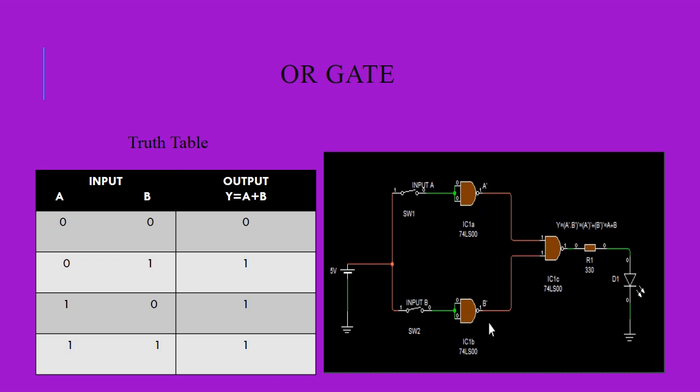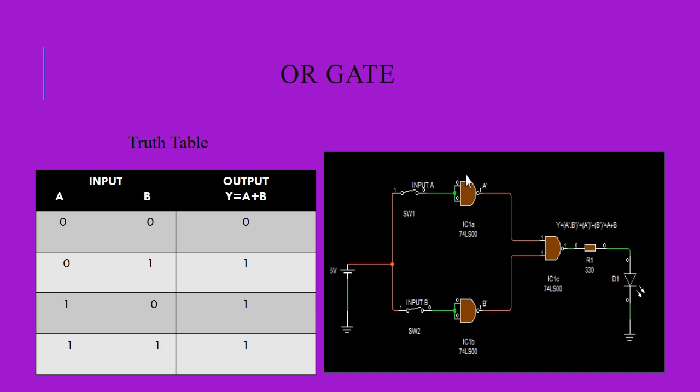This one and this one are connected with the input terminals of this NAND gate. So this is 1, this is 1, so here we get 0 output. What does this 0 output show? That means the LED will be in off condition, or the LED will not glow. Okay, so this is the first row of the truth table.